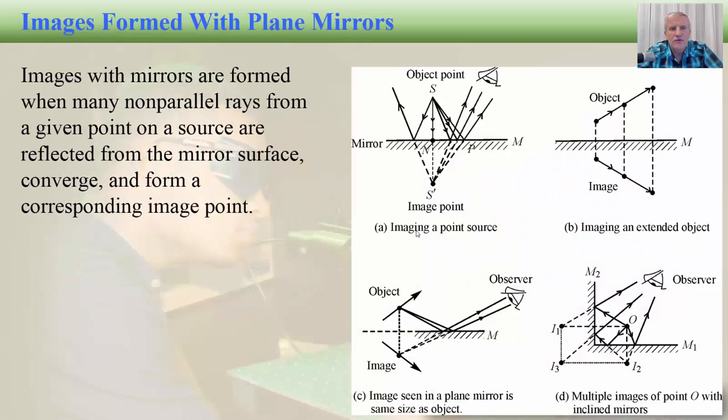Images with the mirrors are formed when many non-parallel rays from a given point on a source are reflected from the mirror surface, and they converge and form a corresponding image point. On the picture on the right hand side, you can see this concept applied to a few objects. If we start with picture A, we can see that we have an original shown here as a point S, and that point S is going to reflect and produce the mirror image S prime.